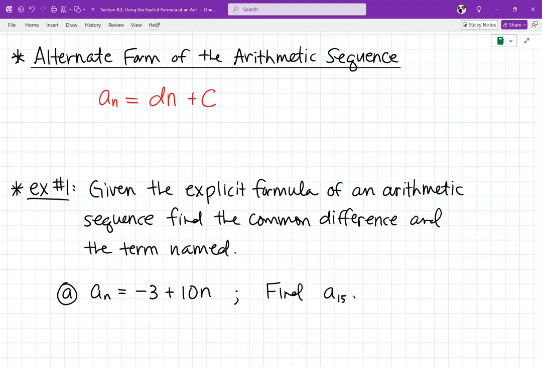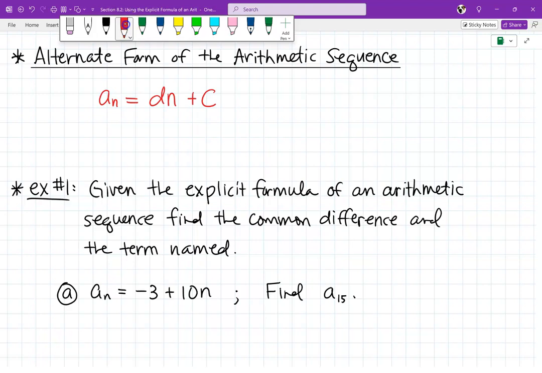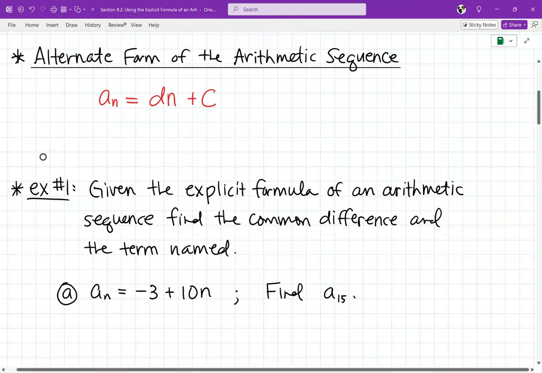Remember, one way to find the 15th term is to list the first term, the second term, the third term, and keep going until you do 15 of them. Or we can use our formula and plug in the required term. They want 15, so I can plug in 15.